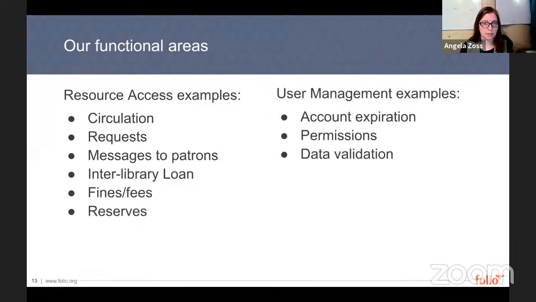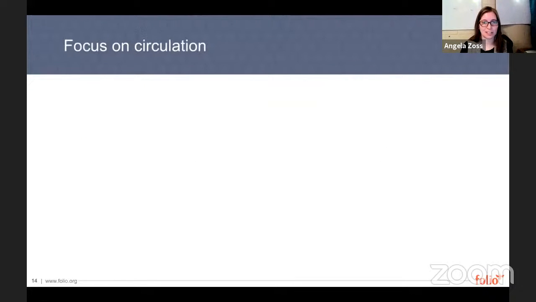I want to do a little bit of a drill down today into realistically our largest area and the one of the highest priority, which is circulation. So many of the highest priority reports in resource access have something to do with circulation.